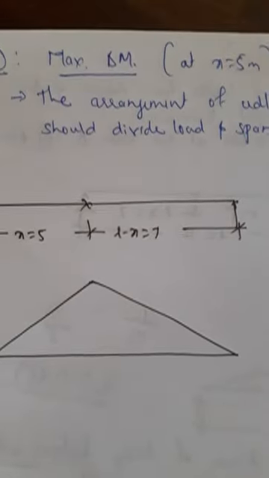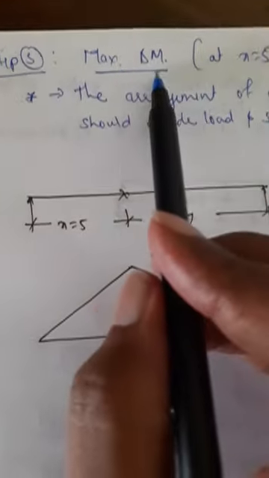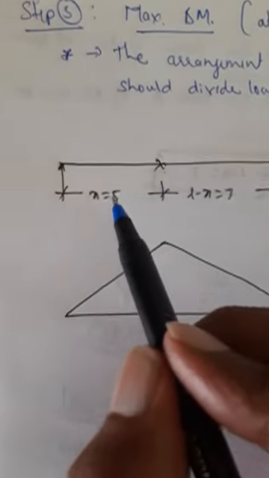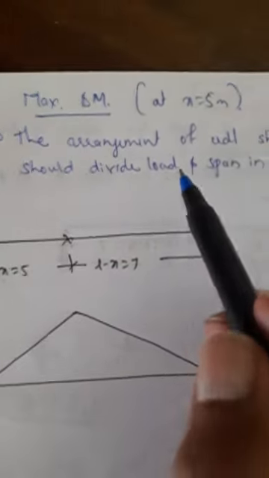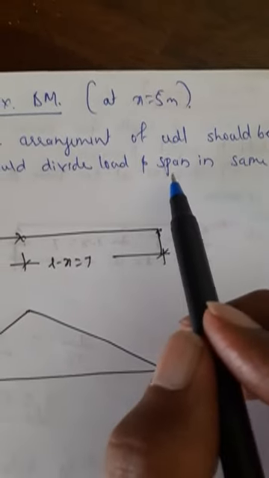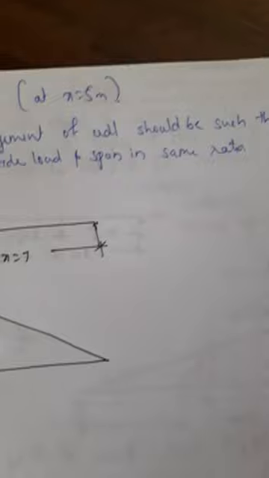Now arrangement of UDL. For maximum bending moment, the arrangement of UDL should be such that section X, this is my section X at X is equal to 5, should divide the load and span, here span means span of the girder, in the same ratio.